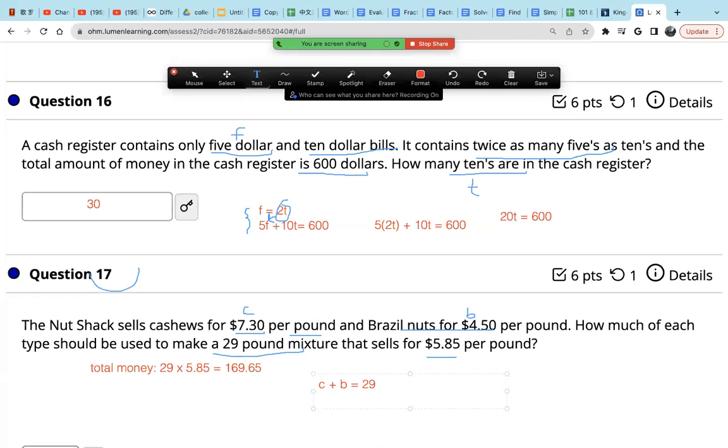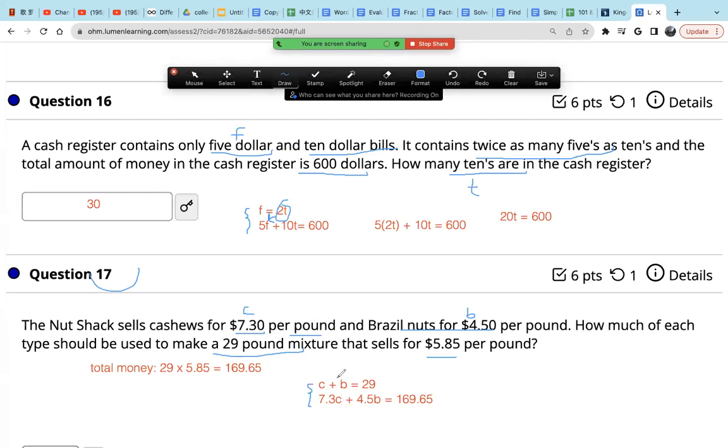The second equation is how much money. 7.3 each pound for cashews, so the total is 7.3C, plus for Brazil nuts, 4.5B. How much spent in total? 169.65. So we have formed a system of equations.